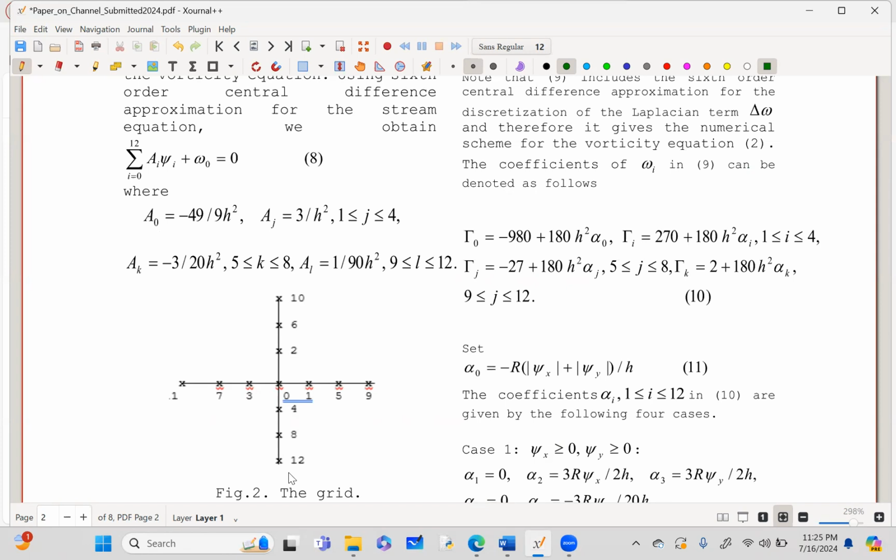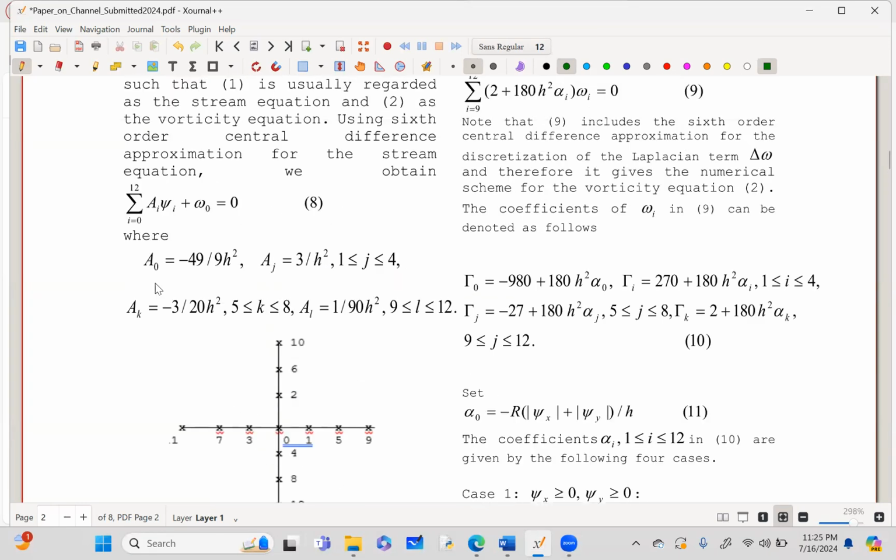When we carry out the development, we have a numerical scheme, which is given by equation 8. The coefficients are all indicated by capital A, and are given subsequently right here.